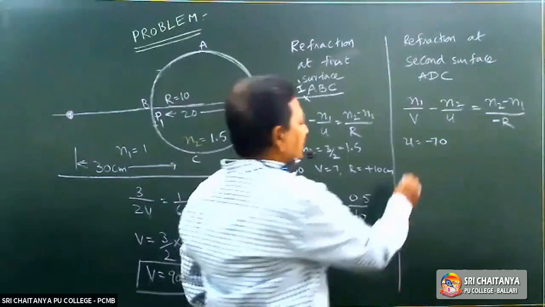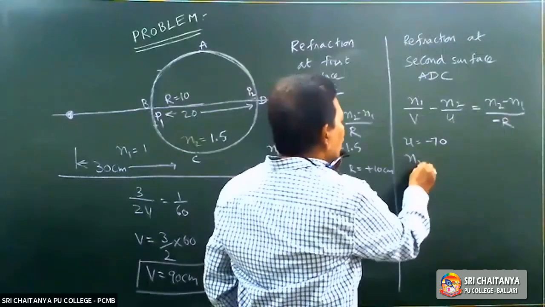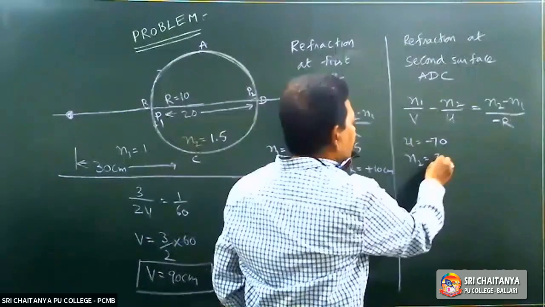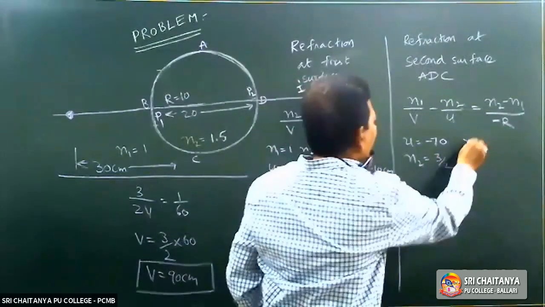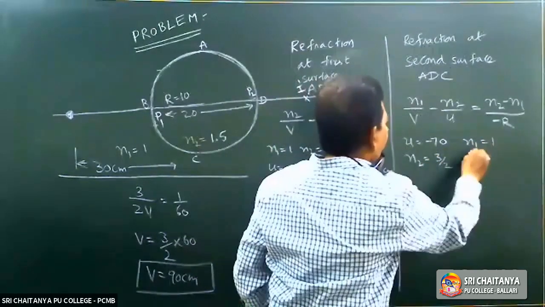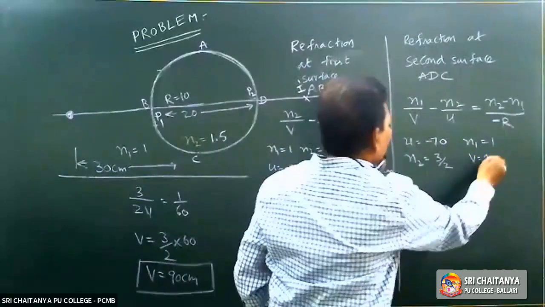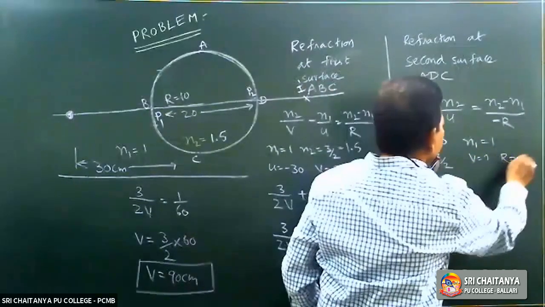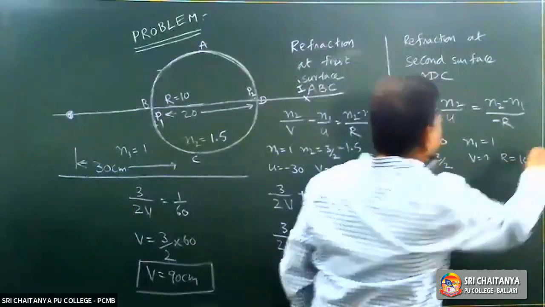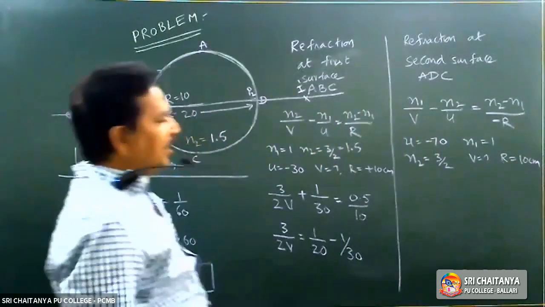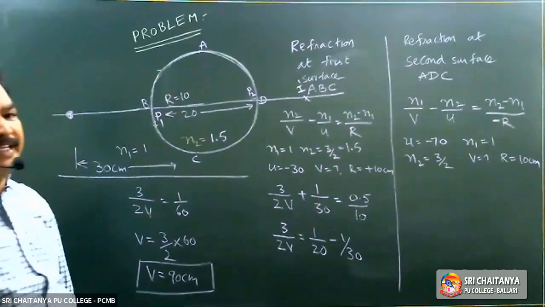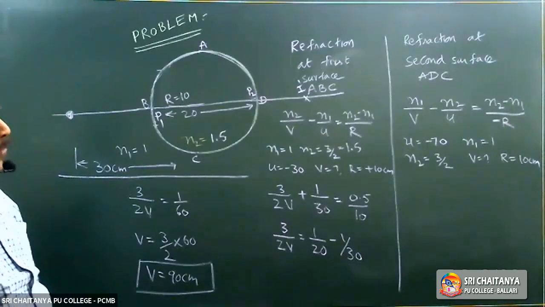Where is the object? Denser medium. So N2 value 3 by 2, N1 value 1, V value question mark, R value 10 centimeters. How did we get 70 centimeters?